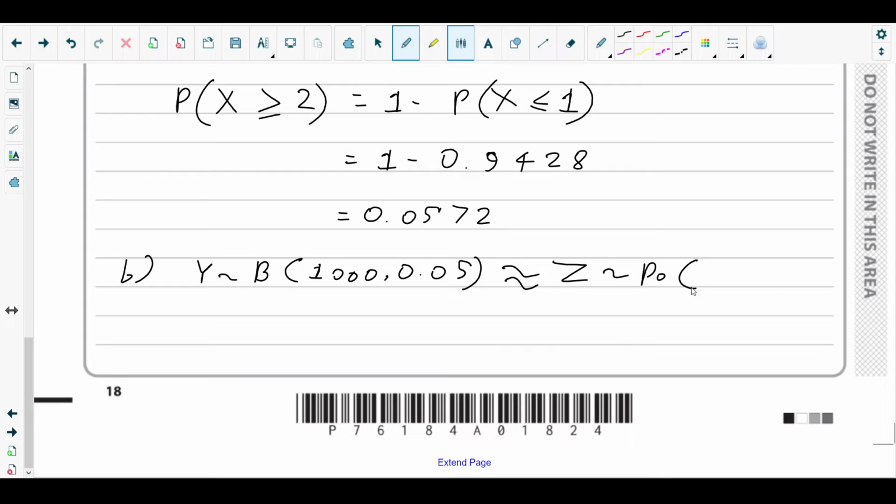Because when p is close to 0 and n is large, np is the mean of the binomial distribution, and the variance np times 1 minus p would be almost equal to it, and that's the concept of Poisson distribution: the mean and the variance are equal. So 1000 times 0.05 gives 50. The value of lambda for the Poisson distribution is the mean, so this is 50.